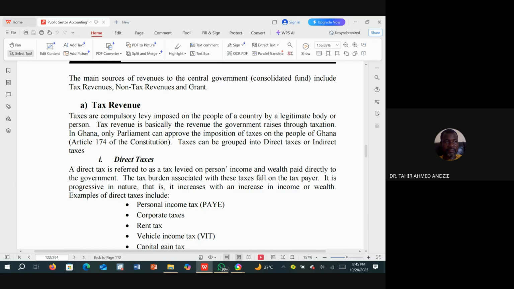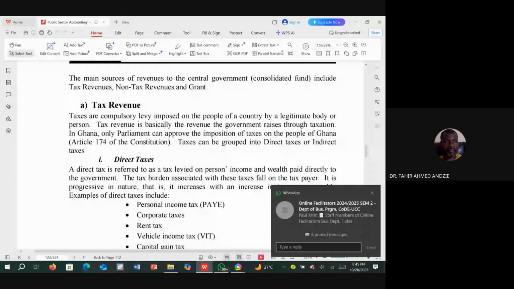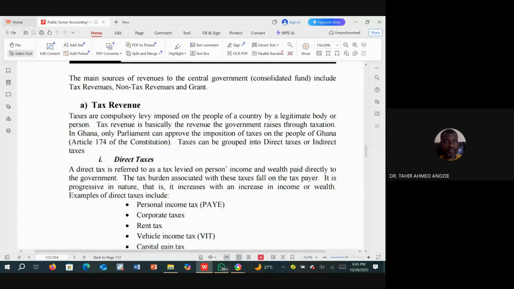Of course, the taxes may be proposed by the executives, that is the finance minister, to generate revenue, but they have to be approved by the parliament. So taxes are compulsory levies imposed on the people of a country by a legitimate body or person. Tax revenue is basically the revenue the government raises through taxation.